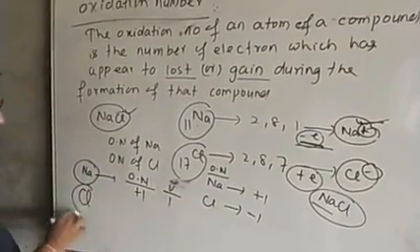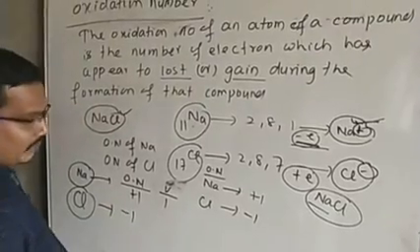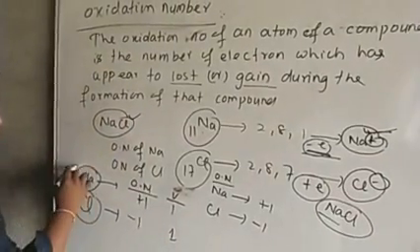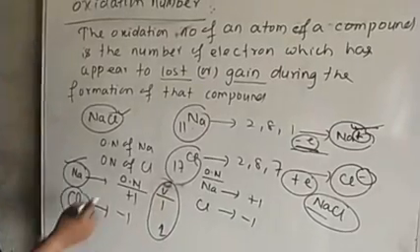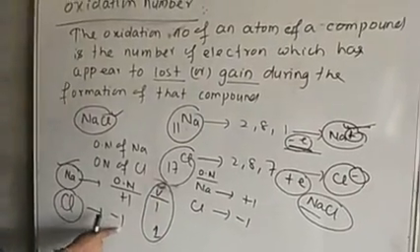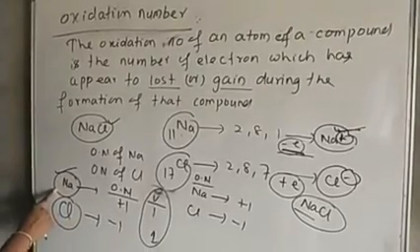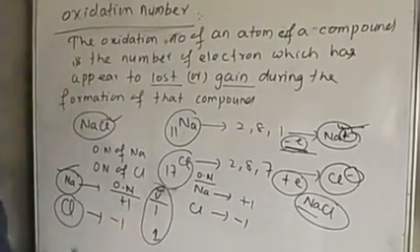Like that, the chlorine atom gains one electron, so the oxidation number is -1 and the valency is 1. Both sodium and chlorine have the same valency, but the oxidation number of chlorine is -1 because it gains an electron, while the oxidation number of sodium is +1 because it loses one electron.